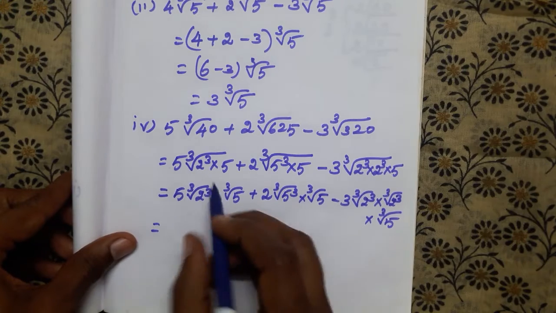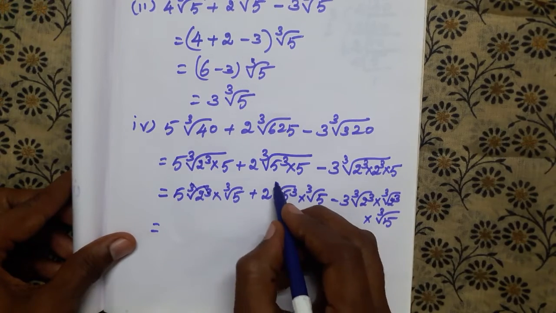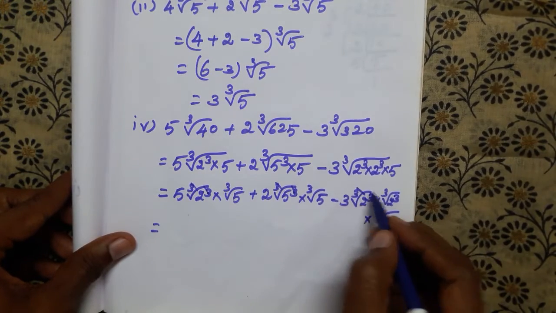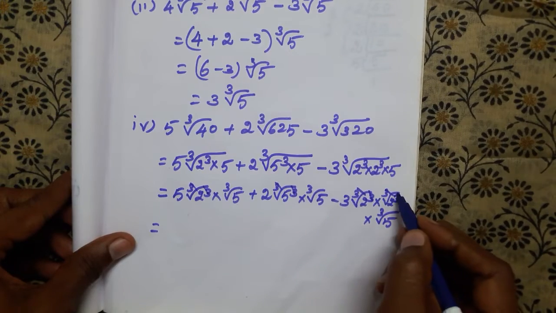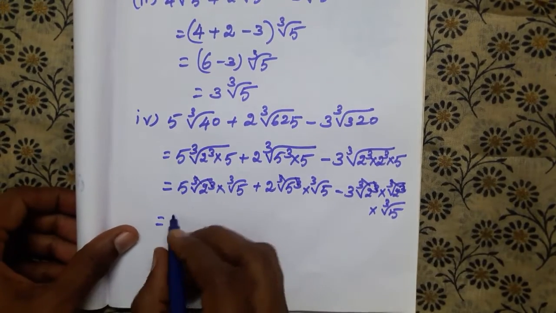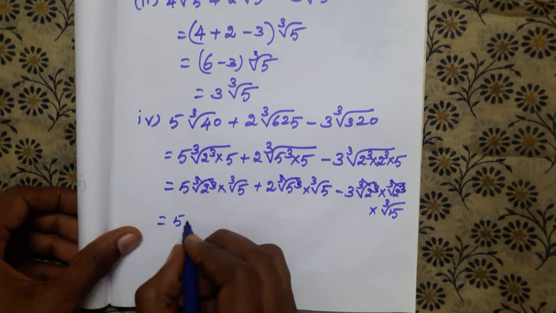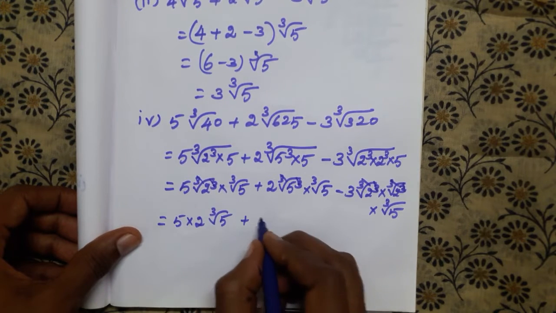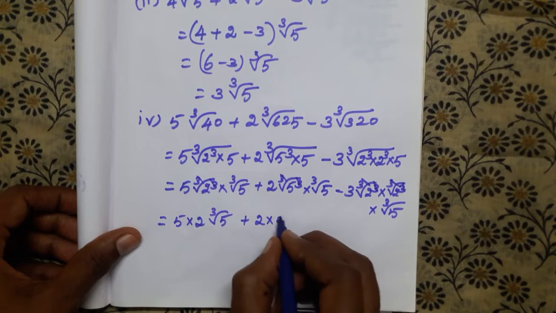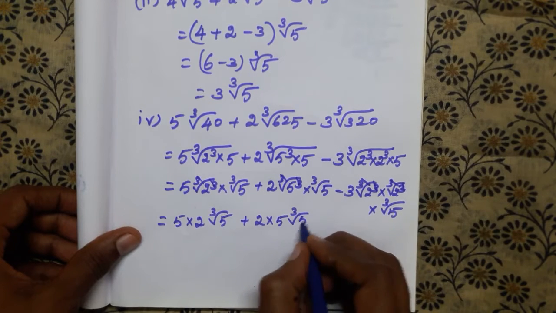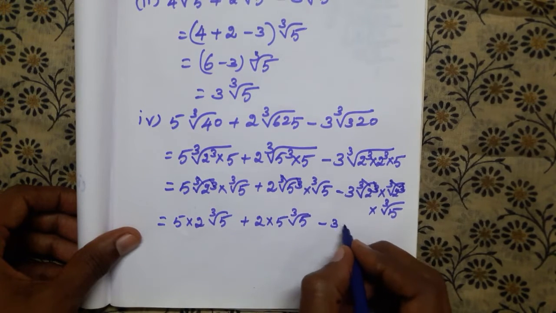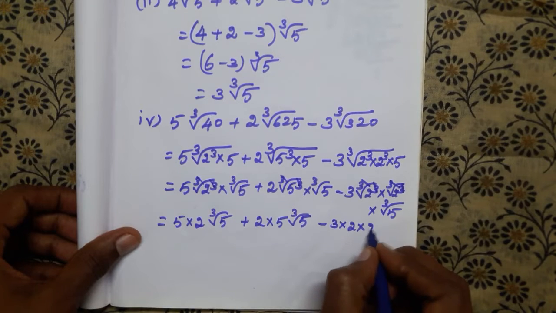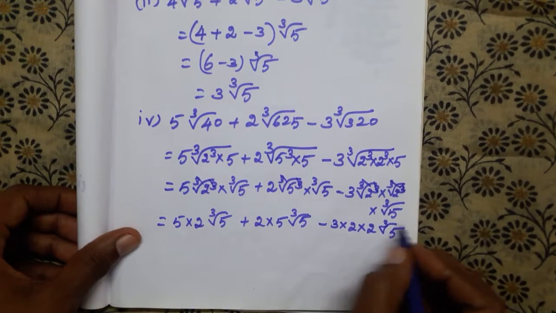Cube root of 2 cube is 2, cube root of 5 cube is 5, cube root of 2 cube is 2, cube root of 2 cube is 2. It's equal to 5 into 2 cube root of 5 plus 2 into 5 cube root of 5 minus 3 into 2 into 2 cube root of 5.